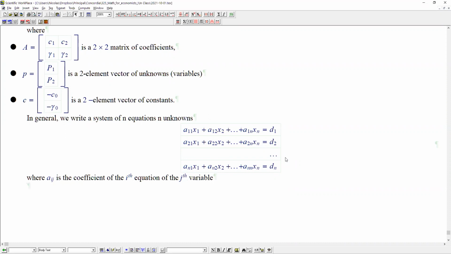And we write it this way. So we would write A x equals D. And here A would be this very big matrix.